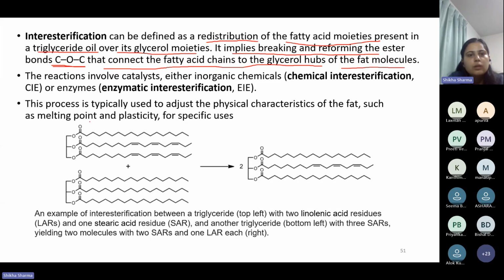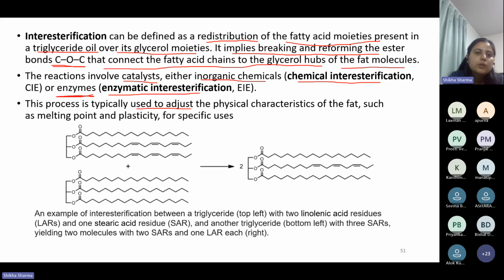There are two kinds of reactions. In chemical interesterification, the catalyst is an inorganic chemical. Where the rate of the reaction enhancer is an enzyme, it is known as enzymatic interesterification.